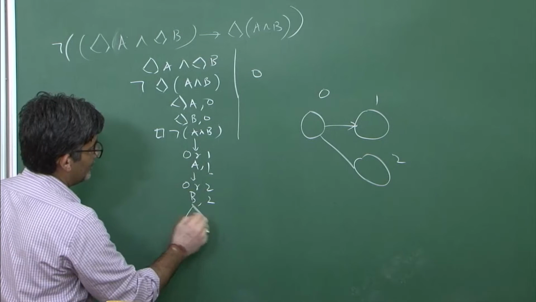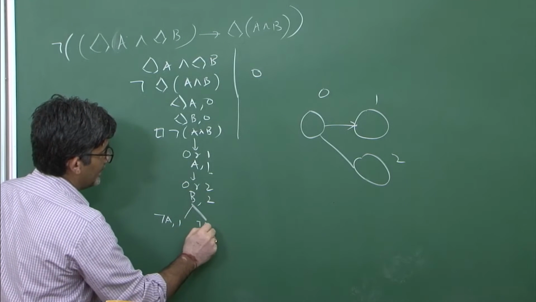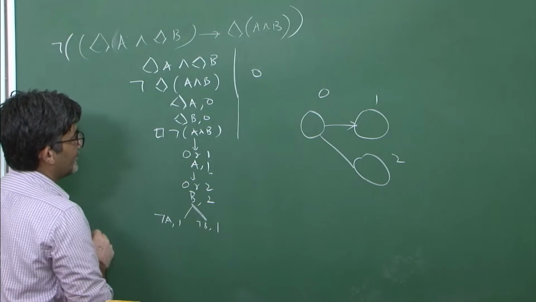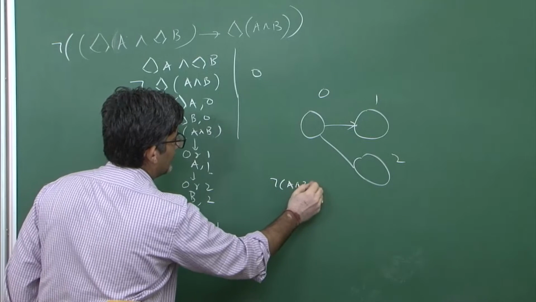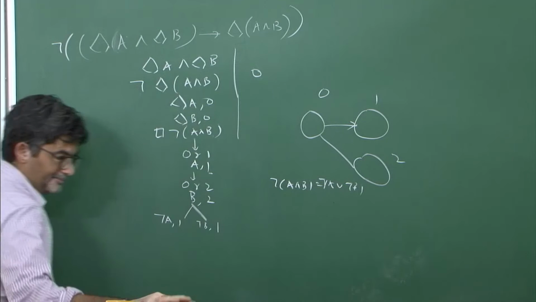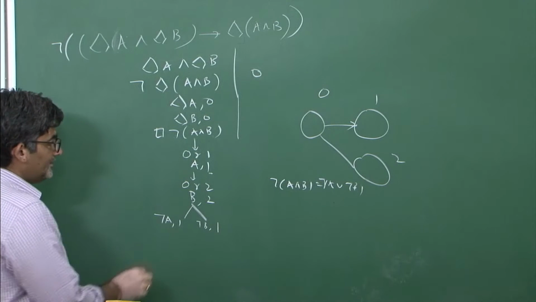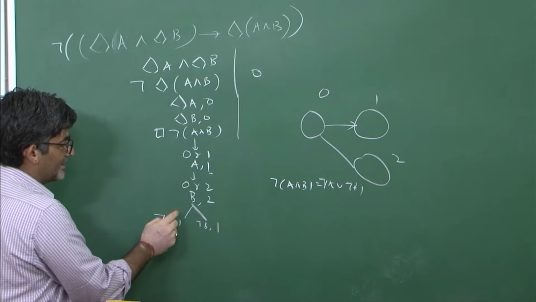So now first you apply this one: not a is true in a world 1, not b is true in a world 1, because not of a and b is not a or not b. So now we need to see whether a literal and its negation occur in the branch. This closes here.